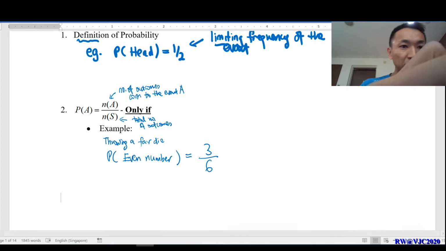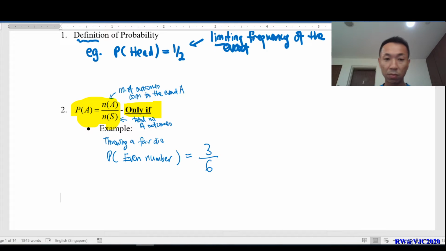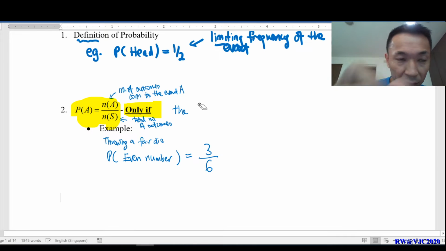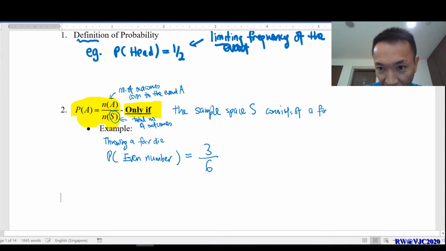Now, there's an important condition I want to highlight. You can only use this formula only if the sample space S, this is the total number of outcomes, consists of a finite number of equally likely outcomes.